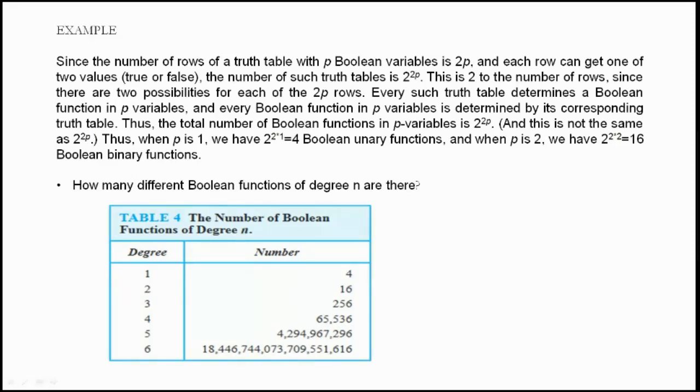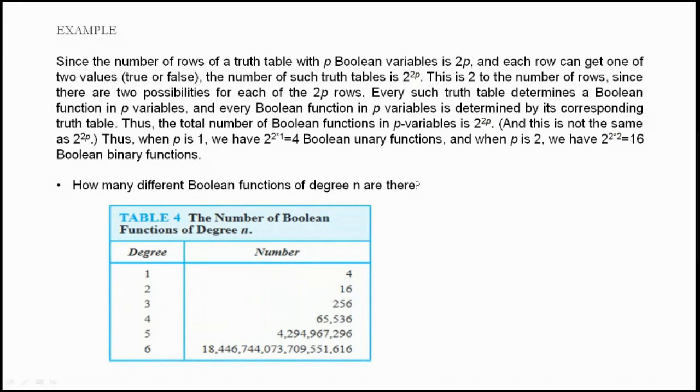So if you have an order n, then the number of Boolean functions that you can make with that order is calculated as 2 power 2 power p, where p is the order.